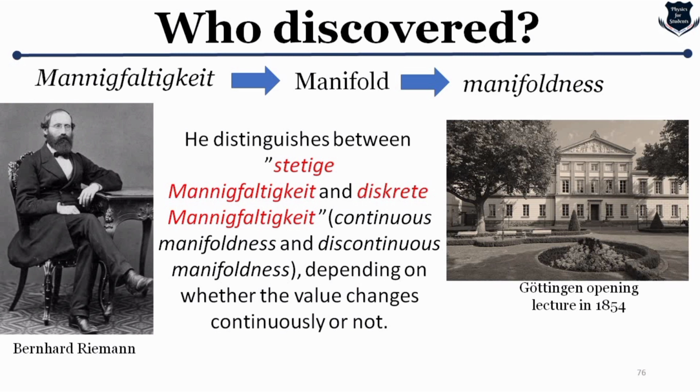Now remember, at the time Bernhard Riemann addressed the Göttingen lecture, people were not mature enough to understand what a manifold is. So it was, I won't say severely criticized, but it was not accepted. As continuous examples, Riemann refers not only to colors and locations in space, but also to possible shapes.